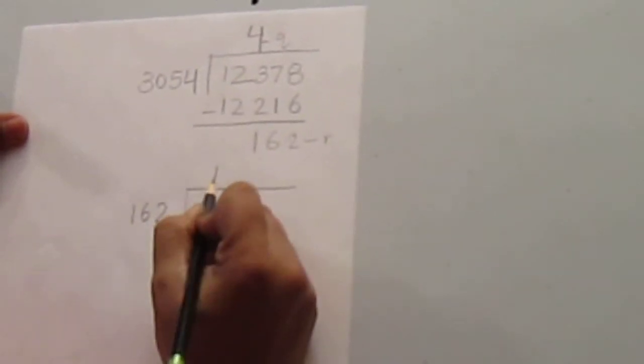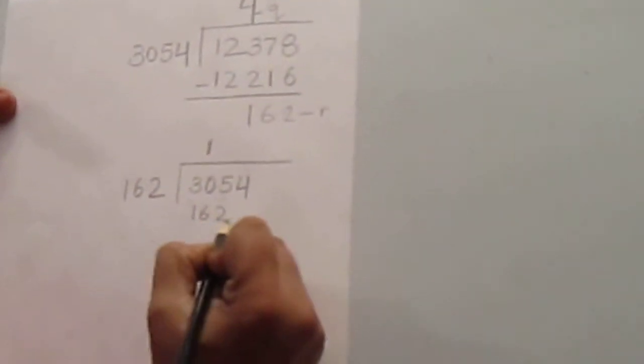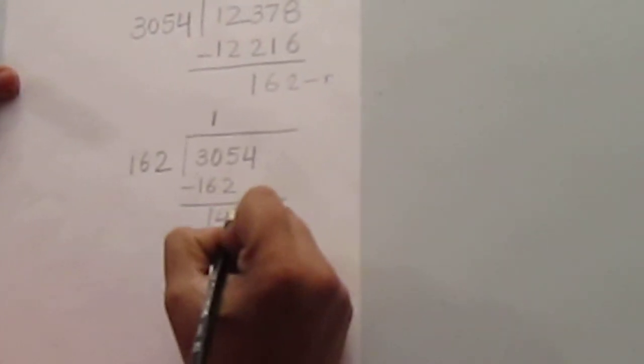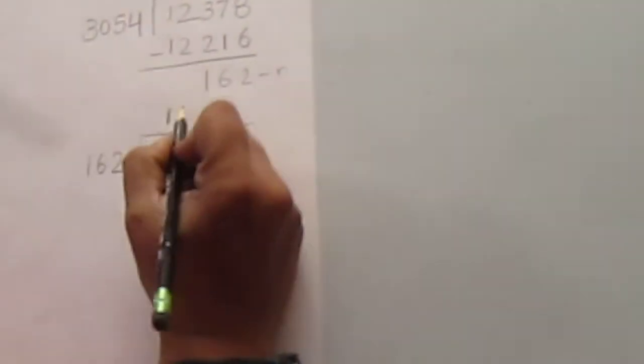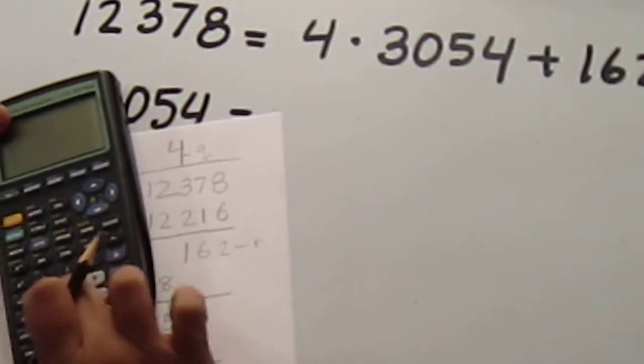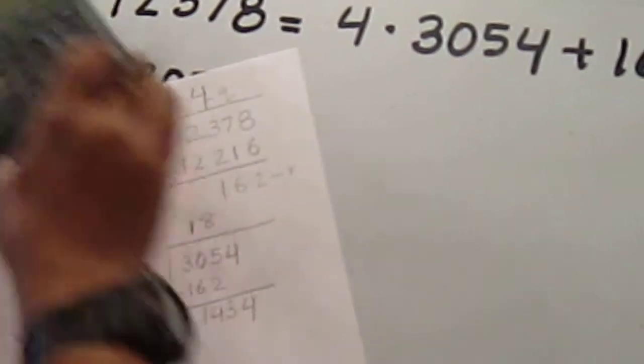305, so 162 goes only one time. We have 1434, and 162 will go 8 times. Using my calculator again, 162 times 8 is 1296.